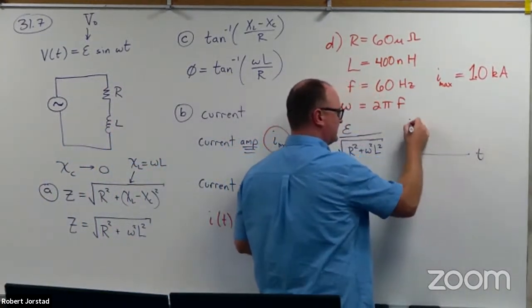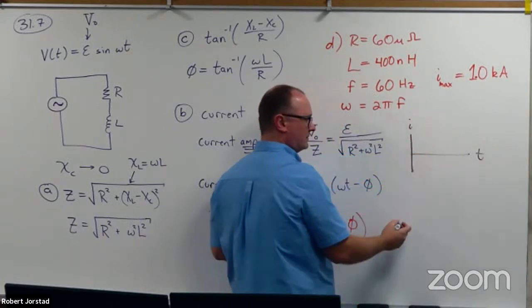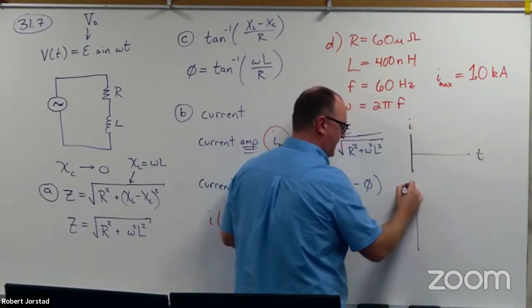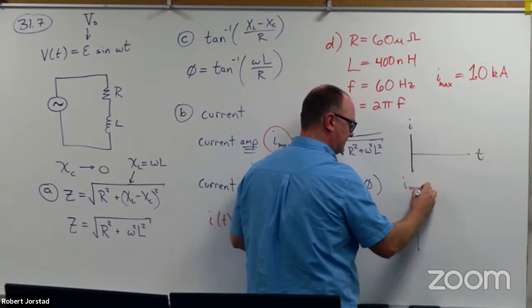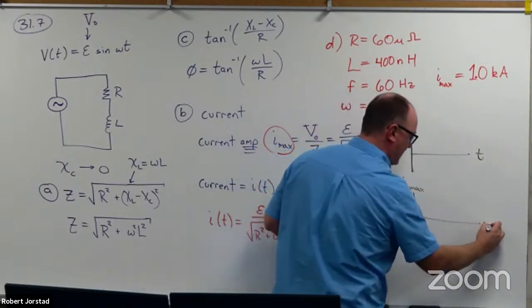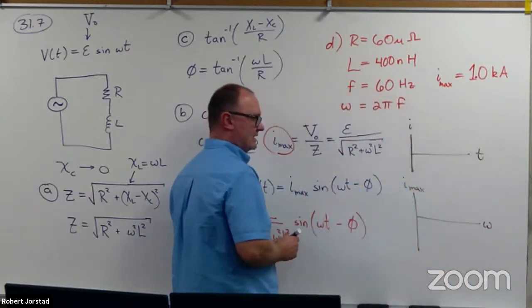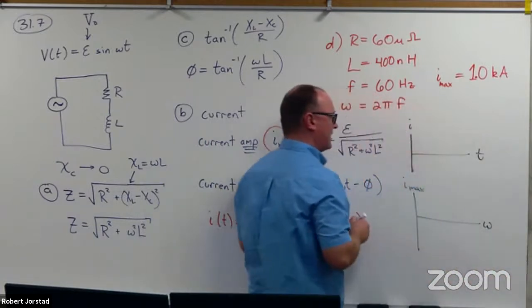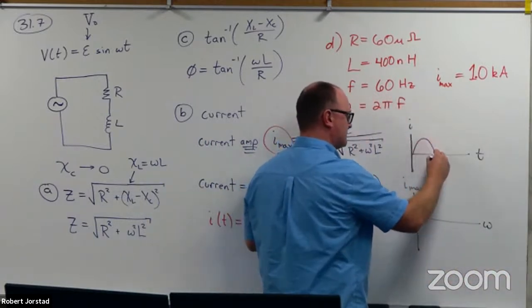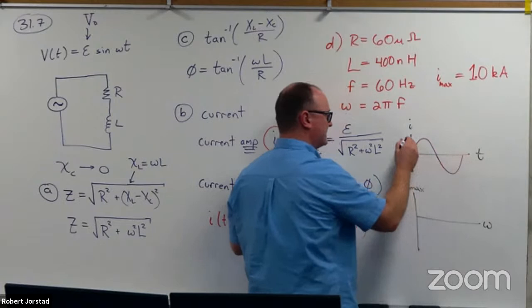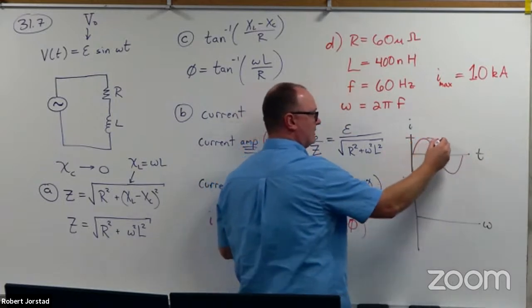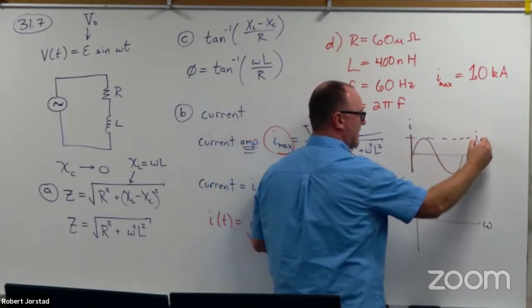the current versus time plot and the I max versus omega plot. The idea is the current as a function of time keeps flipping like this, and this max level is the amplitude.